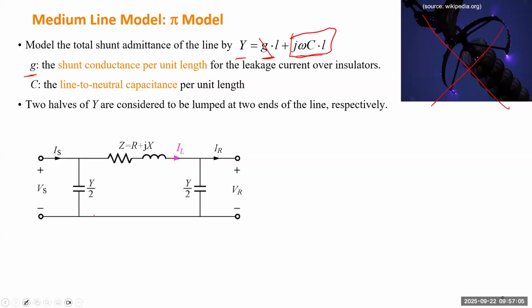In this pi model, on the left hand side we have a source voltage and source current, and on the load side we have load voltage and load current. There's also a line current, which is different from the source current or load current because there are two shunt branches.